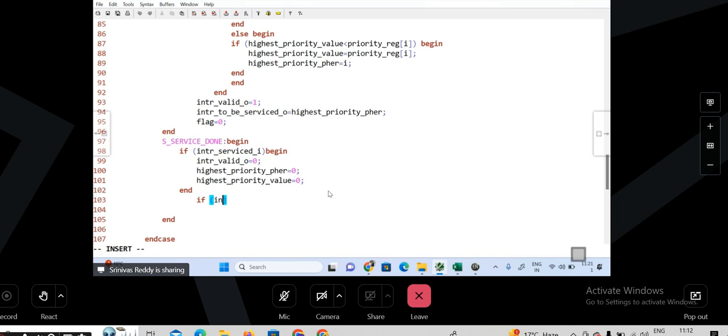Next state where it will go. Next state is equal to service with what? State with service is done. This state it will go. Did you understand? So this is the complete design file for interrupt control.